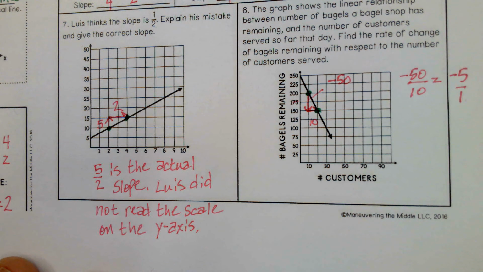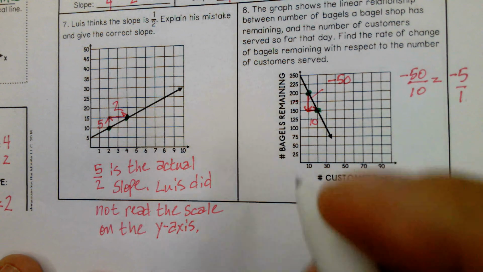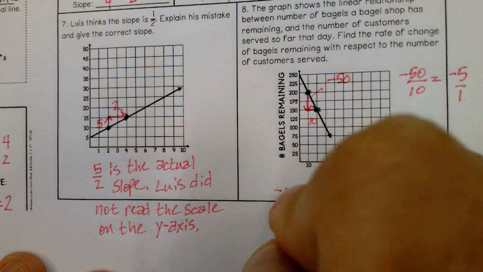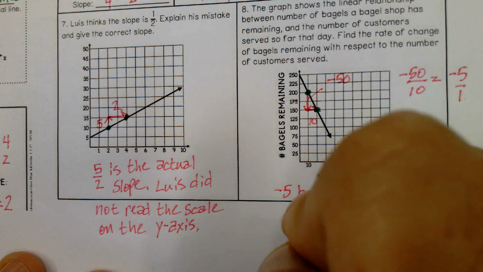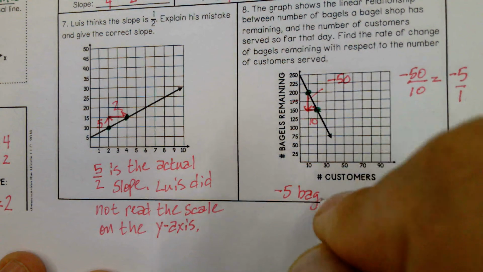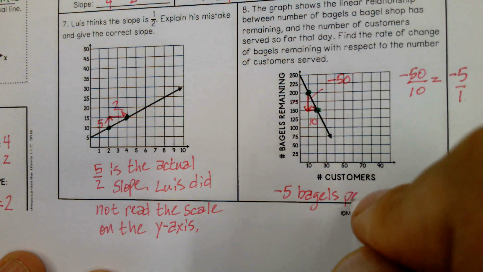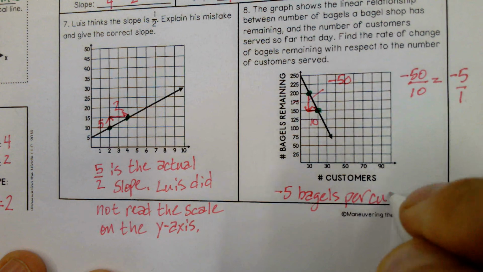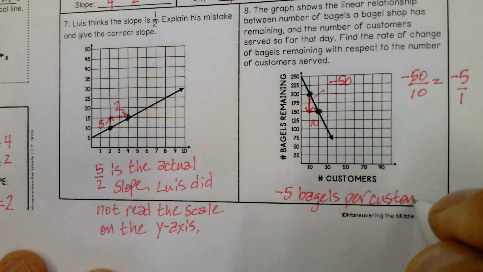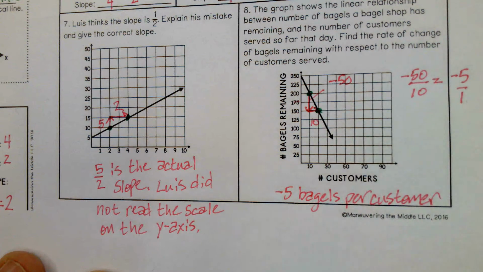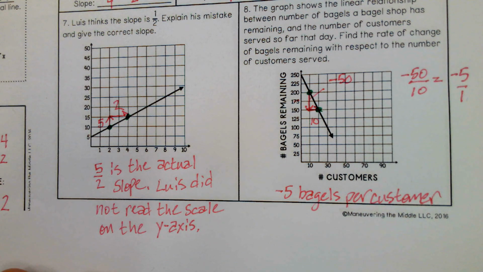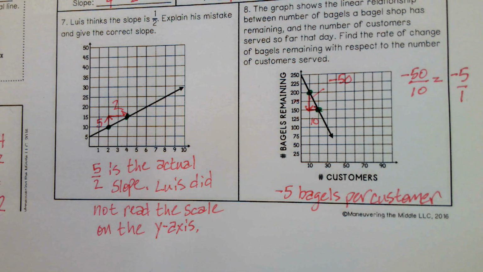So every customer that came in, about how many bagels were they buying? 5. -5 bagels per customer.